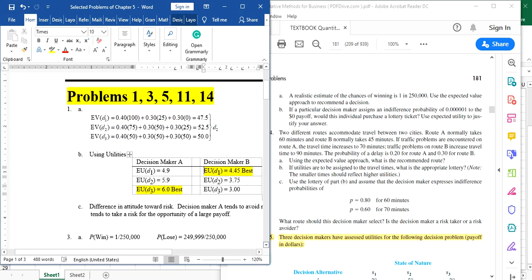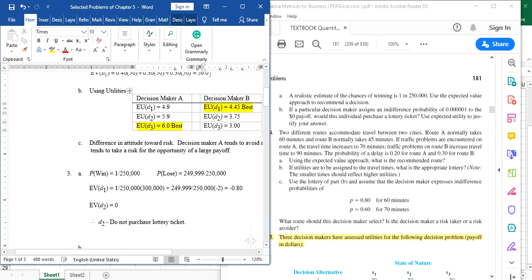So we have P, probability of win, probability of loss. The expected value is minus 0.80 if you buy it. If you don't buy it, it will be 0. So 0 is greater than this, so it's recommended to go for decision 2.